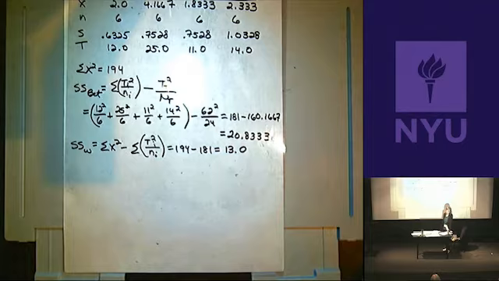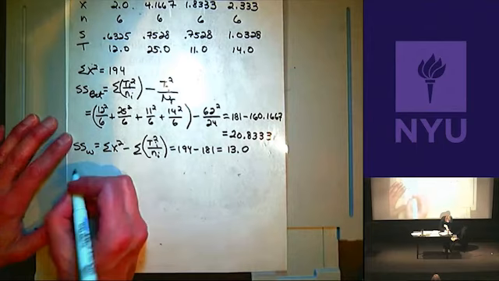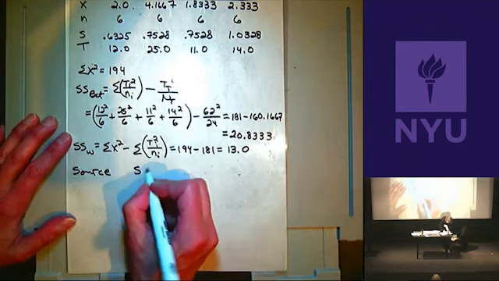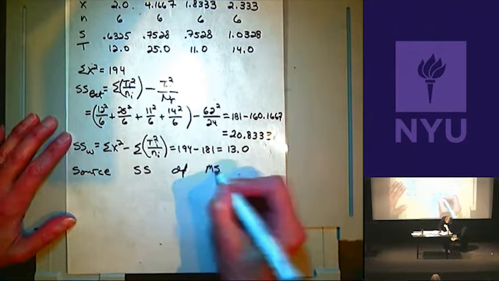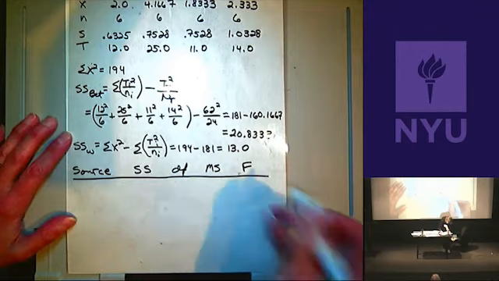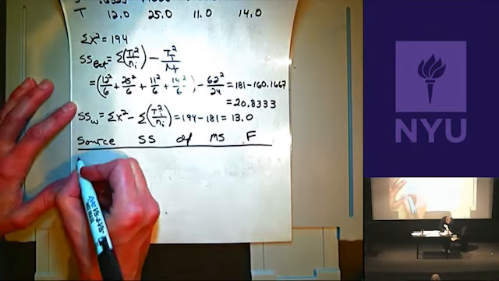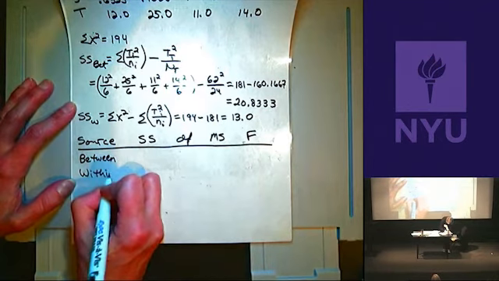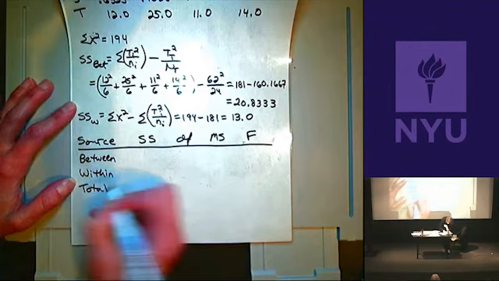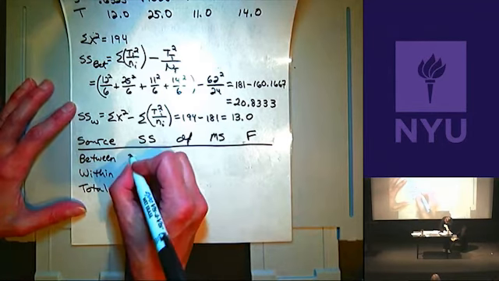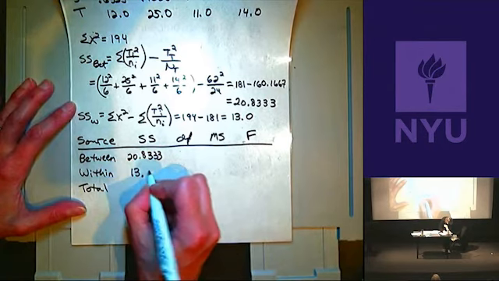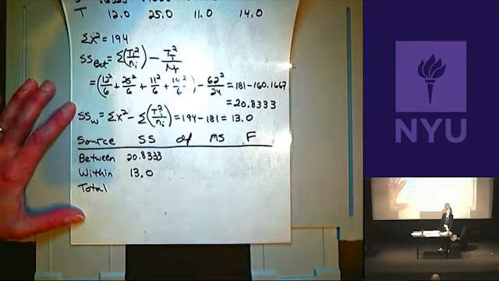So now, having those two values, we can fill in a whole ANOVA summary table. Okay?